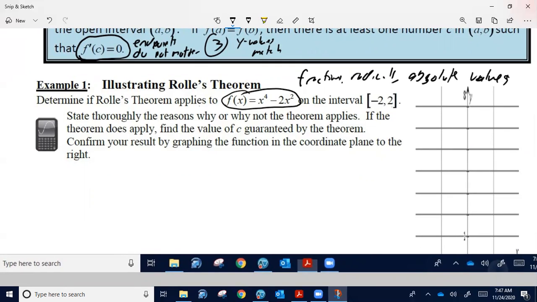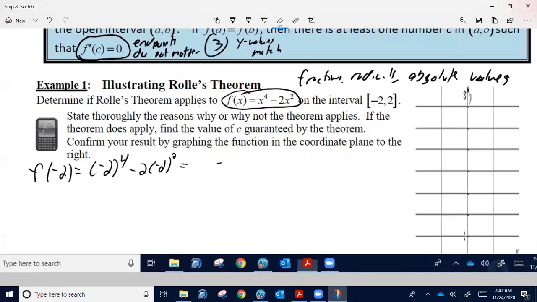First thing you have to have is the y values have to match. So f of -2 would be plug -2 into the problem. That's -2 to the fourth minus 2 times -2 squared. That's a 16.